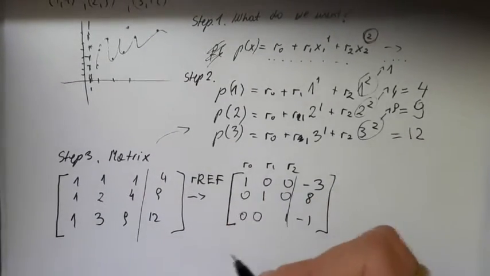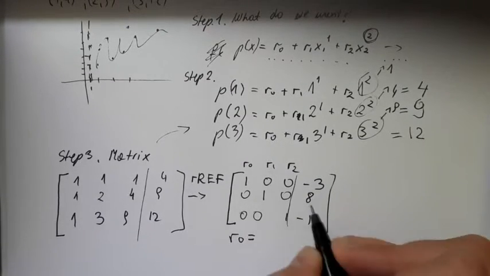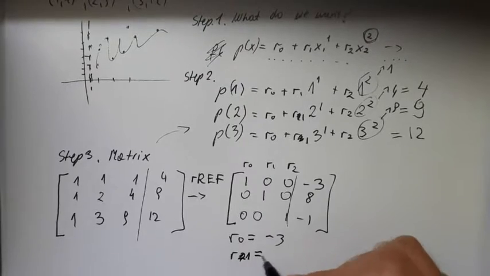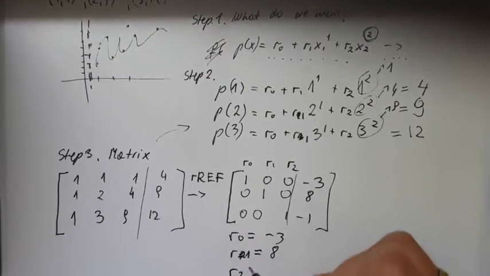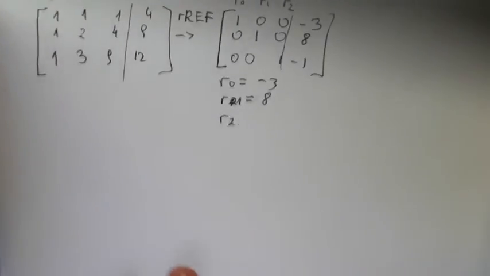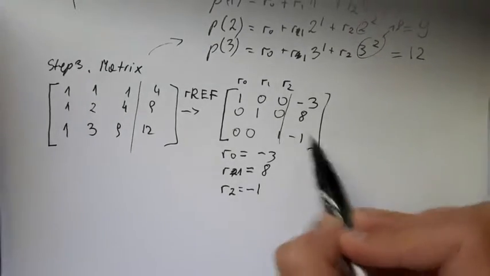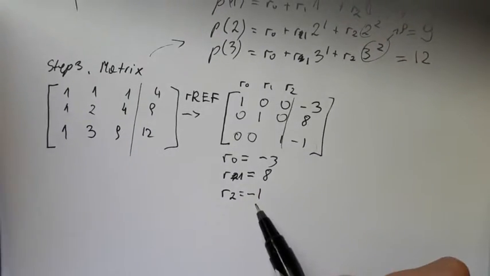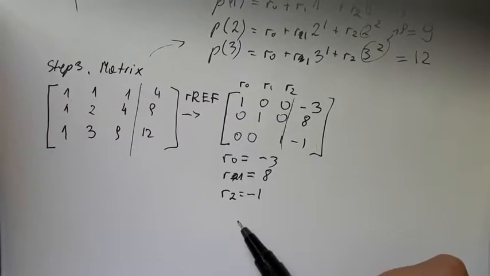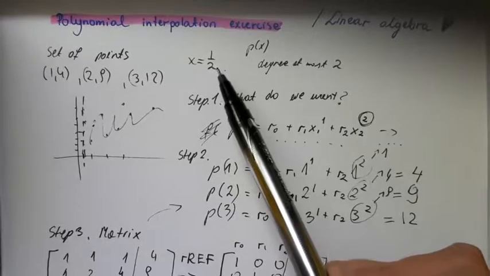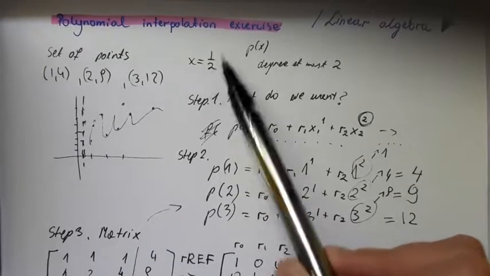So we know r0 equals minus 3, r1 equals 8, r2 equals minus 1. Here, here, and here. So we are asked to find the value of y for x equals 1/2.